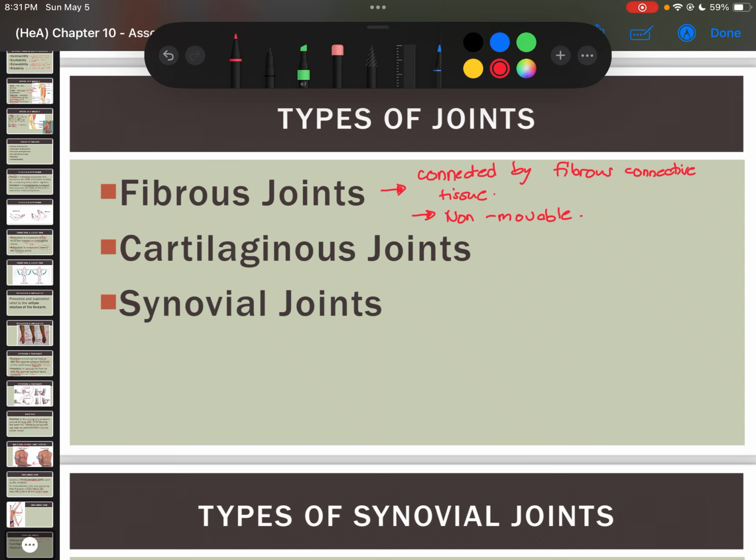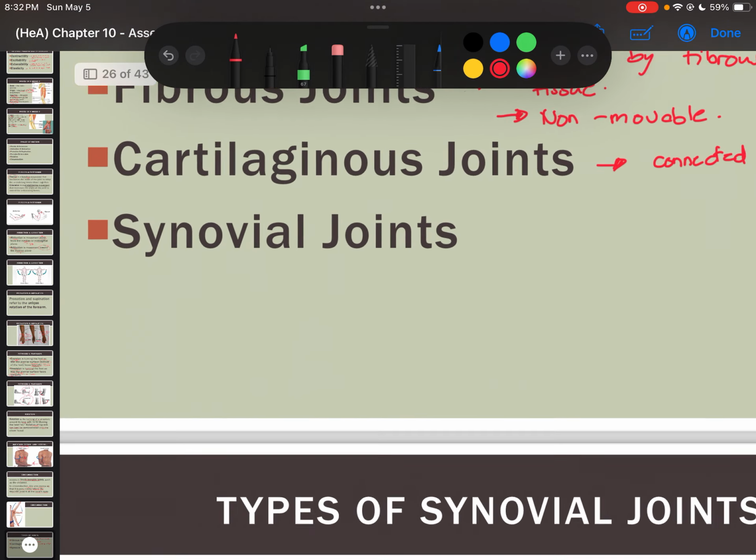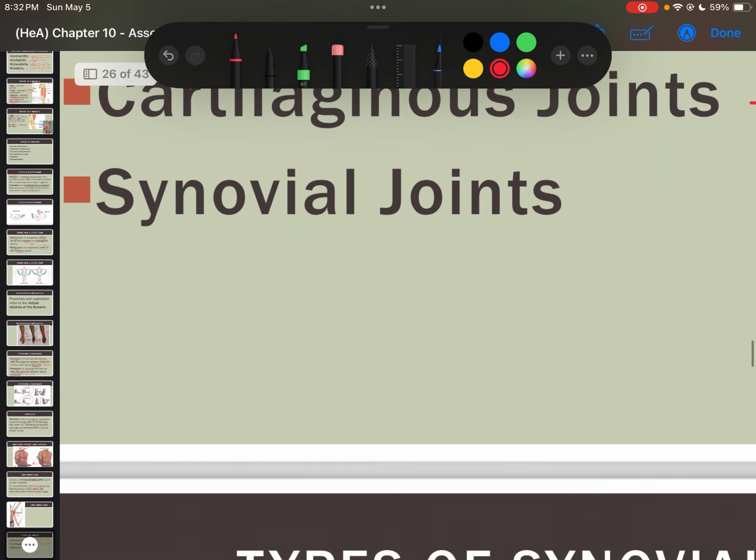Okay? We also have what we call our cartilaginous joints. As the name implies, it is connected by cartilage. But we will be mostly focusing on our synovial joints. Now, it's like this, synovial joints.